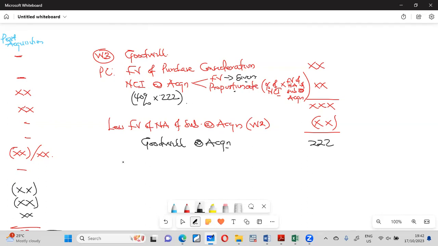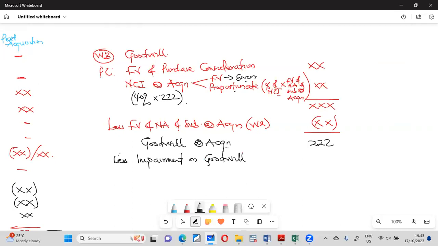So here, you will have to less any impairment. Please, this is the goodwill at acquisition. So if you want the goodwill at reporting, then you less impairment, goodwill impairment. That one too, the question will give it to you. You can say either a percentage of this goodwill or the full amount of goodwill.